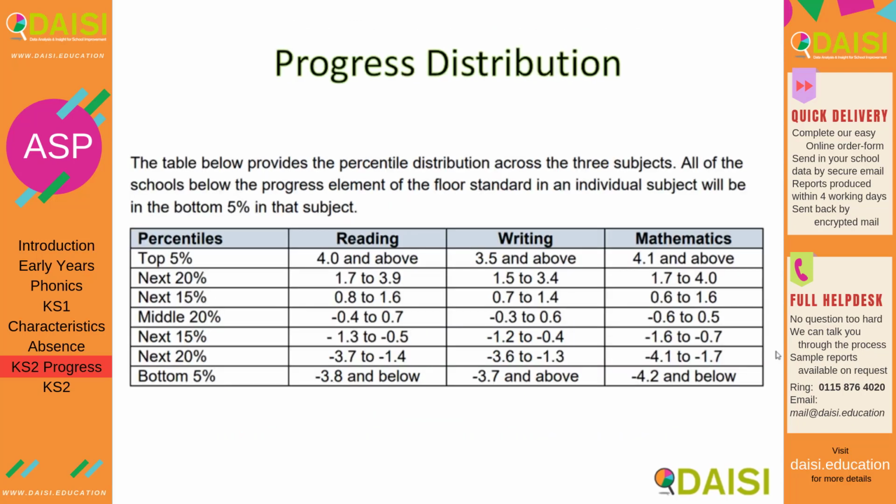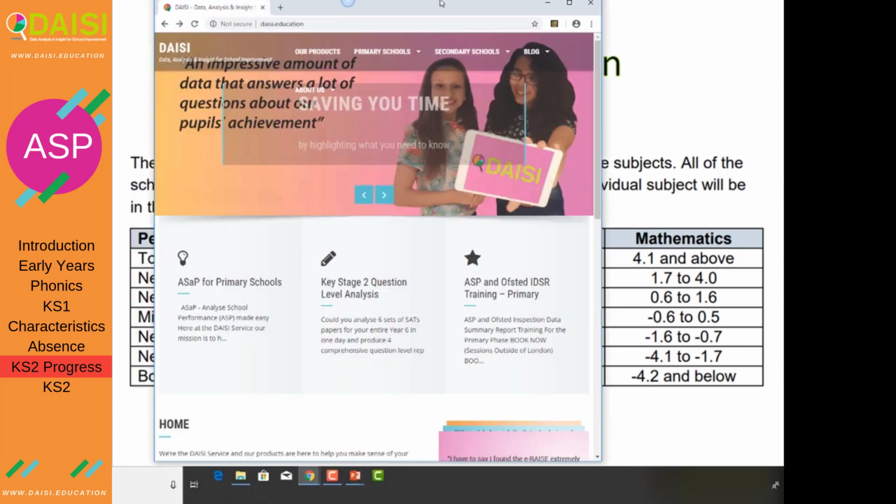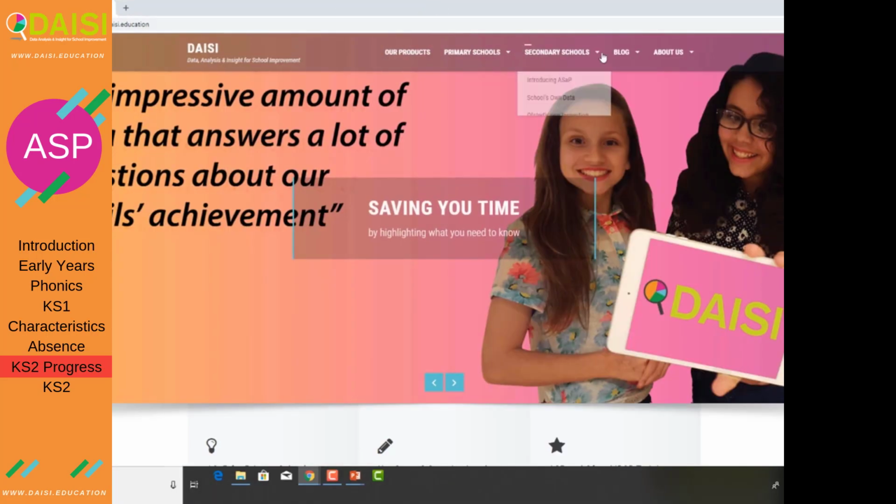If you're wondering what the distribution is like, what your progress score actually means, then the government has published this. So you can see, to be in the top 25% of schools in reading or maths, you need 1.7 or above. If you want to know more precisely where you are, then please go to our website, DAISI.